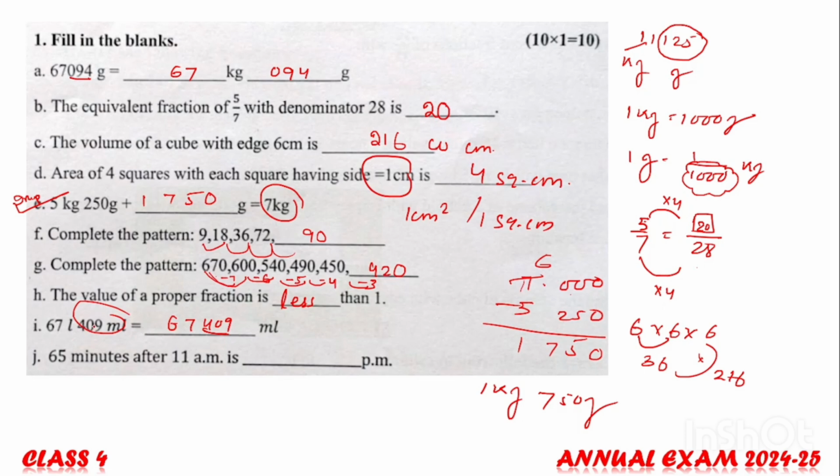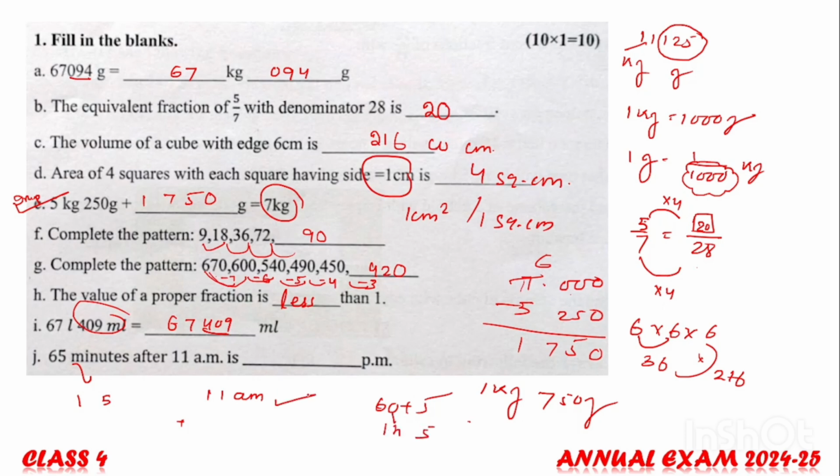Okay, now 65 minutes after means addition. So 65 minutes we can say is 1 hour 5 minutes, or simply, to 11 am we add 65 minutes. 65 minutes means we can write 60 plus 5. 60 means 1 hour, plus 5 minutes.